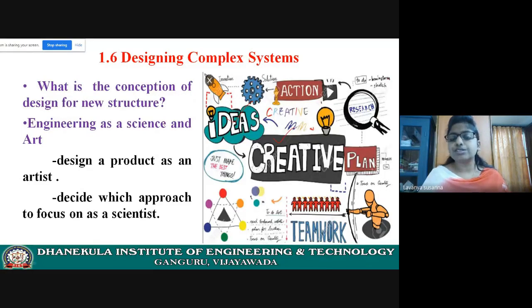So I would like to call engineering a science and art. In every practice of engineering, like computer science engineering, civil engineering, mechanical engineering, chemical engineering, electrical engineering, all this involves some art and science. So I would like to call software development the art of solving a problem. Just like an artist, you need to design the system using creativity and ideas.